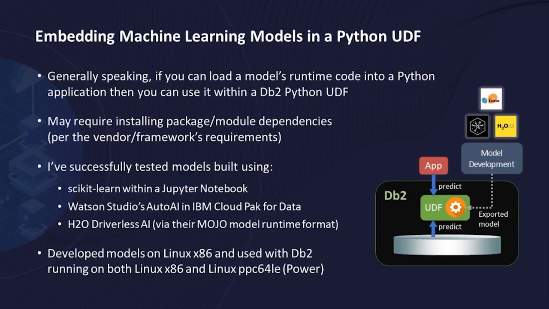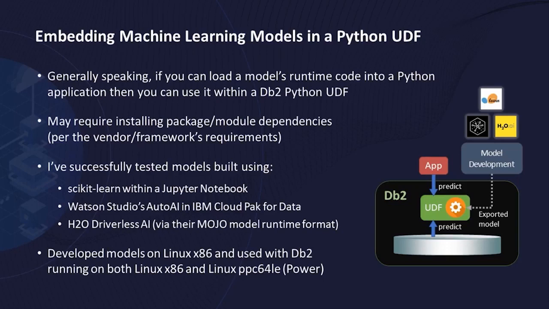And one really interesting thing about my testing was that I was able to develop models on Linux on x86, and then I was able to run them with DB2 running on both Linux on x86 and Linux on Power. And that's little endian Linux on Power. So data scientists may do their development work on x86, but you can then deploy them to enterprise DB2 systems running on Power.